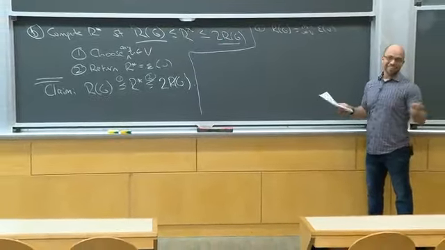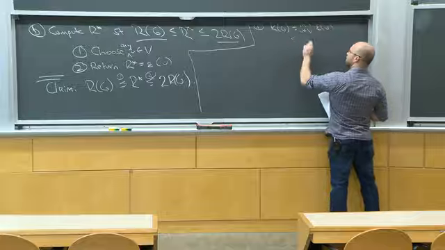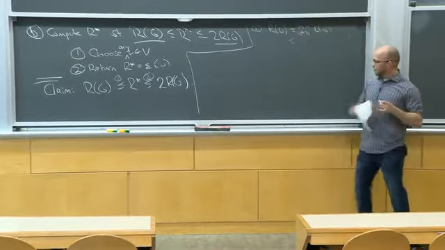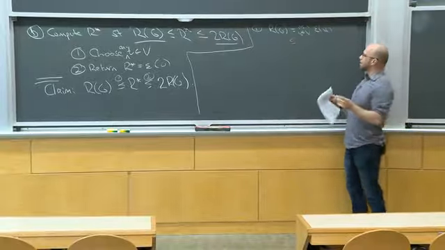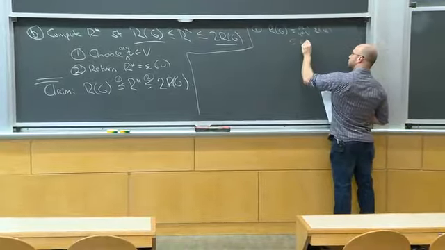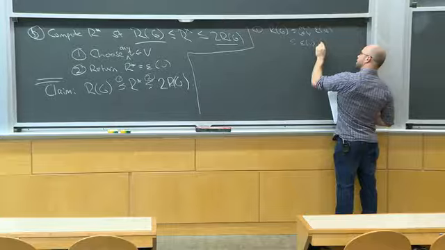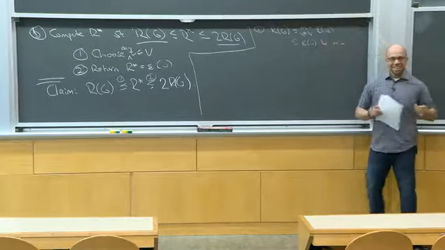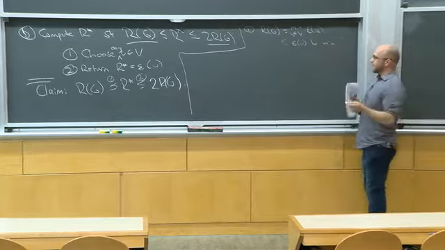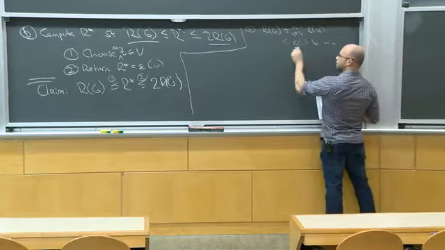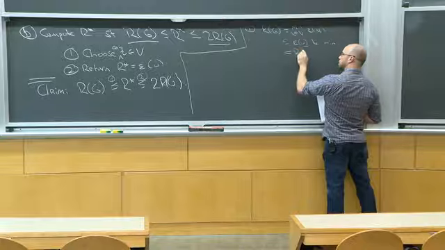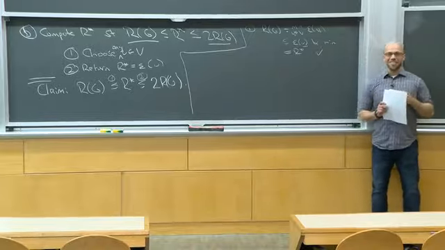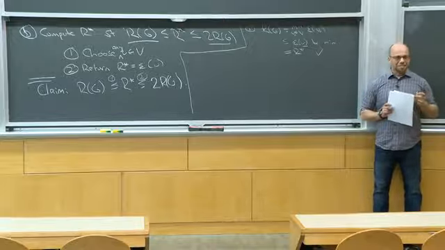So maybe let's call this u naught, just to distinguish it from the notation I have on the left-hand side. This is less than or equal to epsilon of u because it's a min. And of course this is exactly what we chose to be r star. So the first part of our proof is done here. Yep, so this is the easy part.